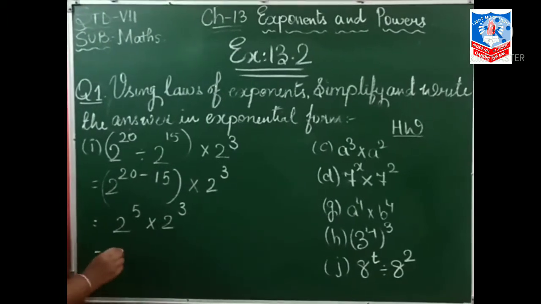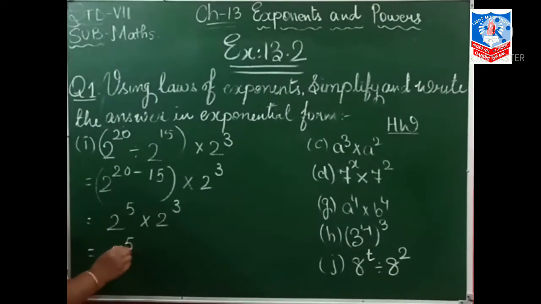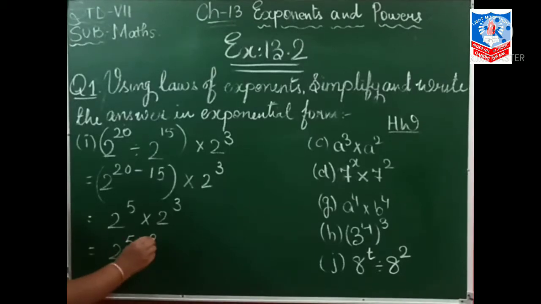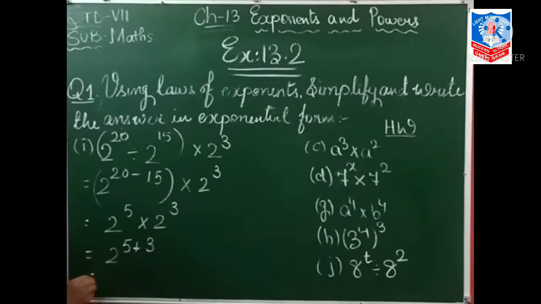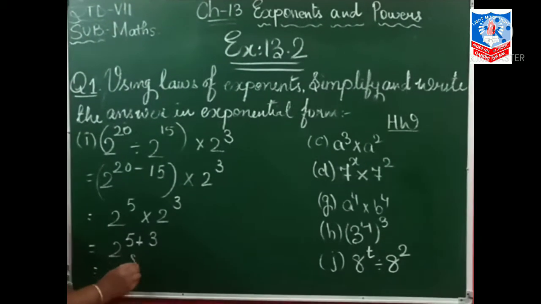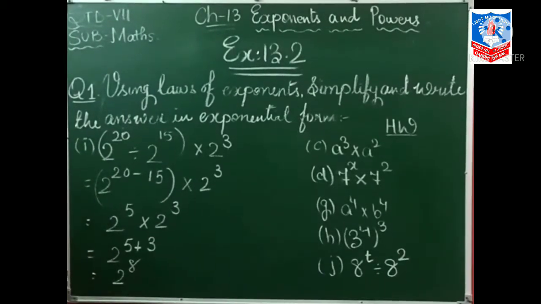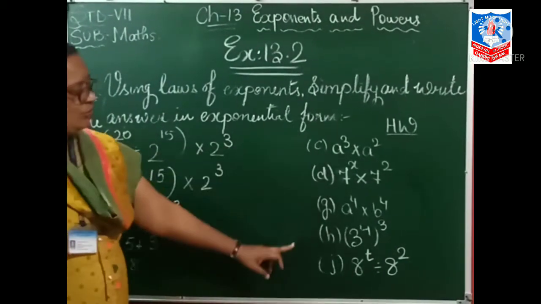Now you know how to solve. 2 raised to the power 5 plus 3 is equal to 2 raised to the power 8. Understood? Now this is your homework.